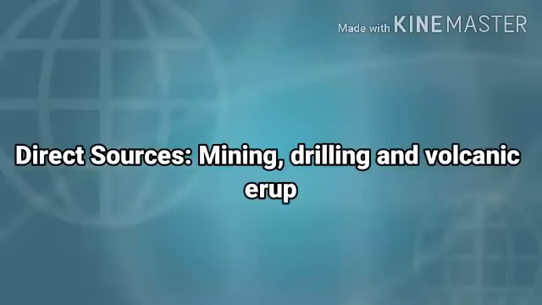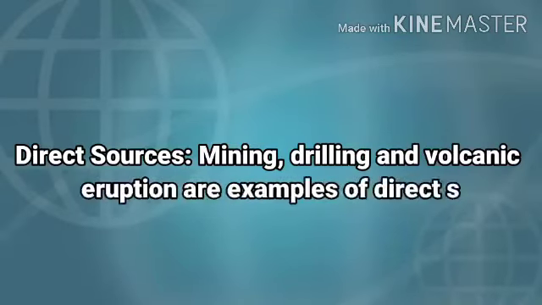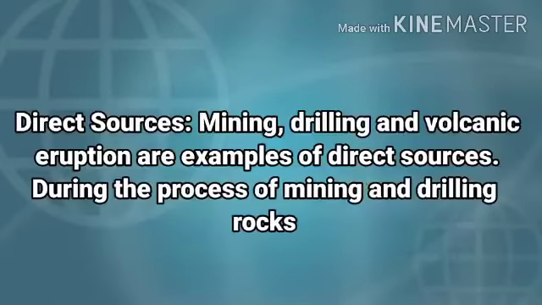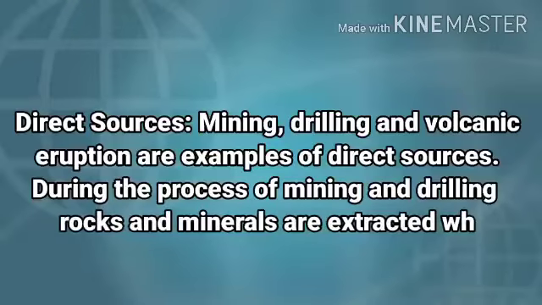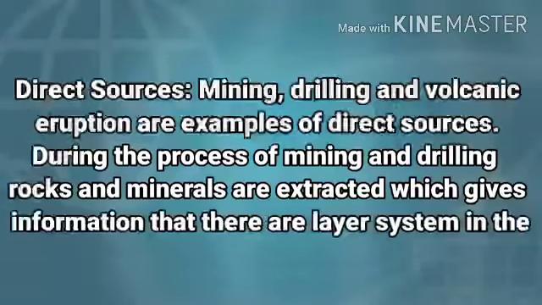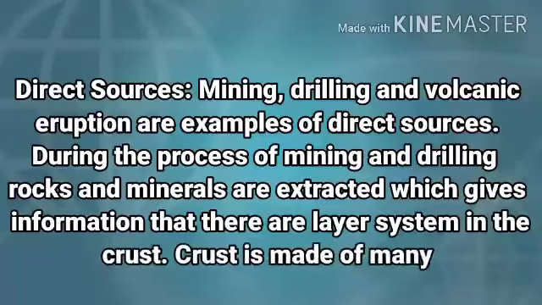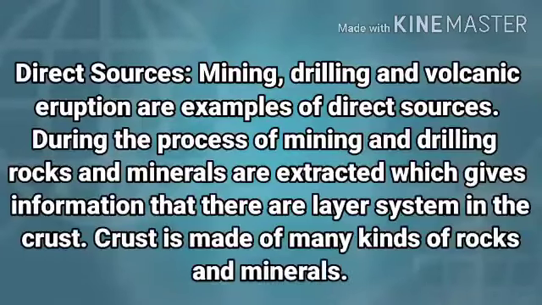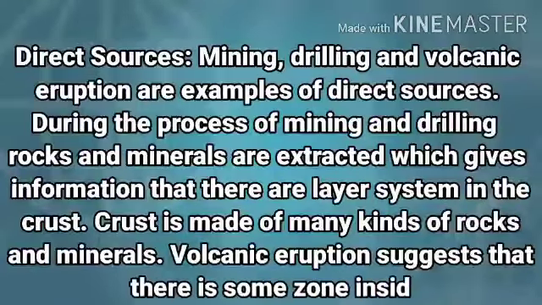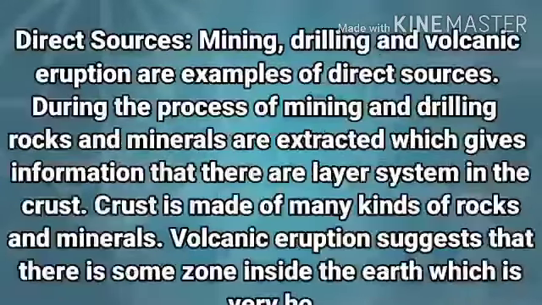Direct sources include rock materials from mining areas and molten magma from volcanic eruptions. Besides, scientists are working on the deep ocean drilling project and the integrated ocean drilling project. Mining, drilling, and volcanic eruption are examples of direct sources.